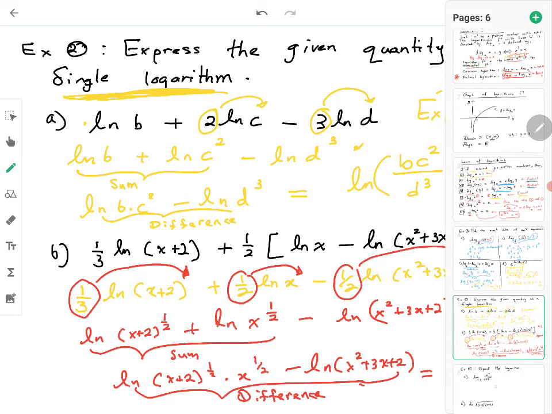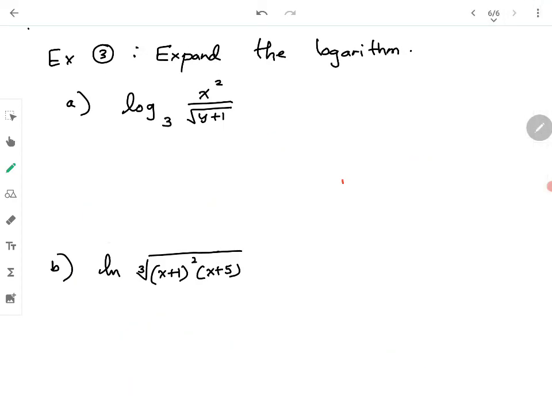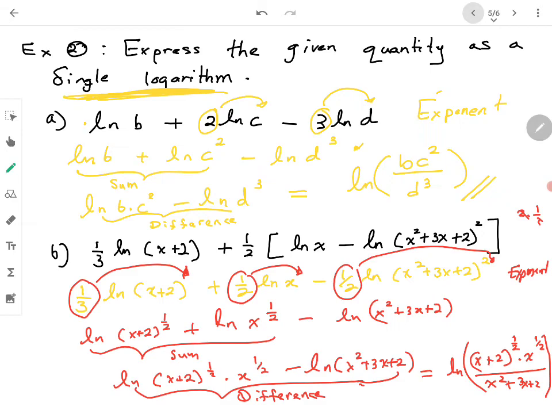Okay, and the final type of question is the reverse of the question type we did earlier. Now here expand the logarithm. So here what we are doing is we are starting with a single log term and converting it to these three terms. So this one we start with the answer and convert it into this.